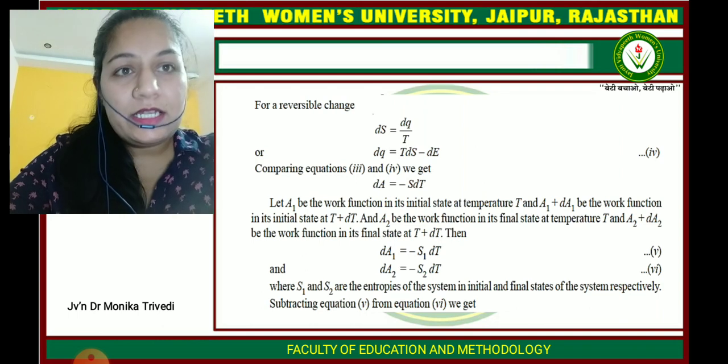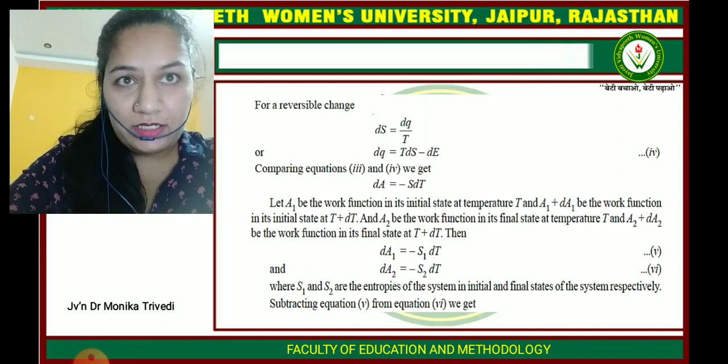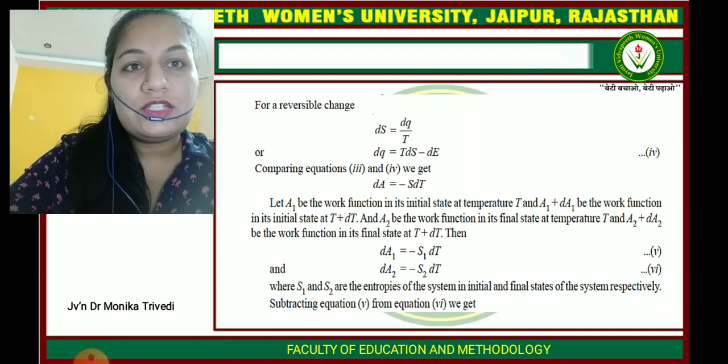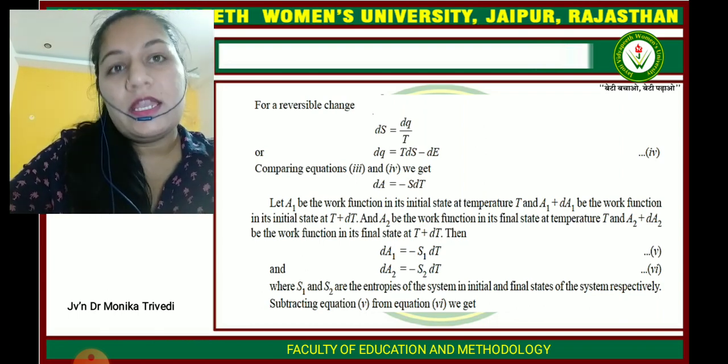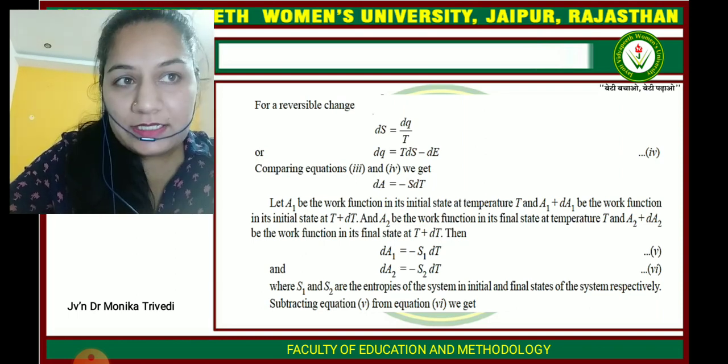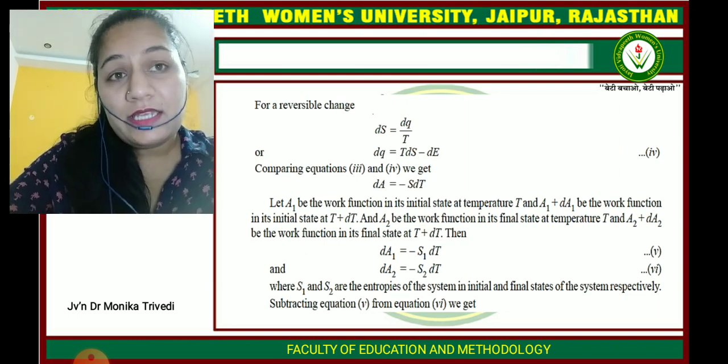Then we get dA1 is equals to minus S1 dT, and dA2 is equals to minus S2 dT, where S1 and S2 are the entropies of the system in the initial and final state respectively.